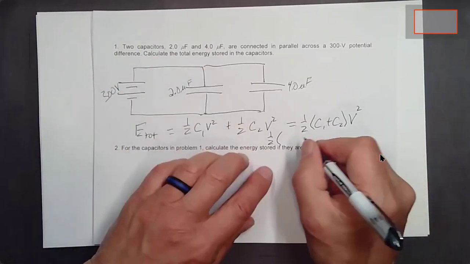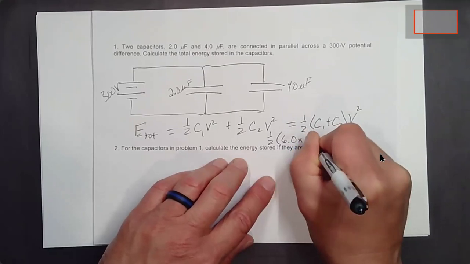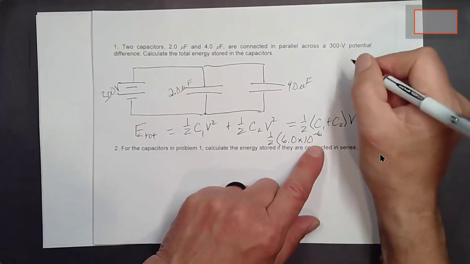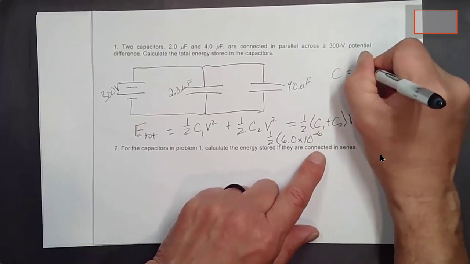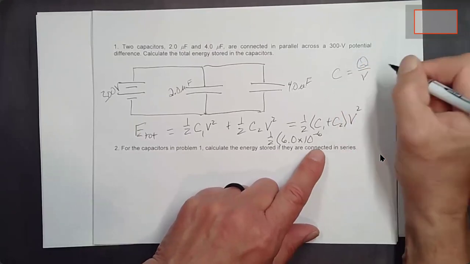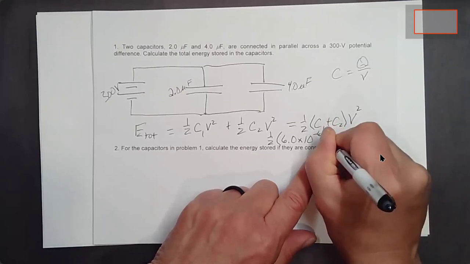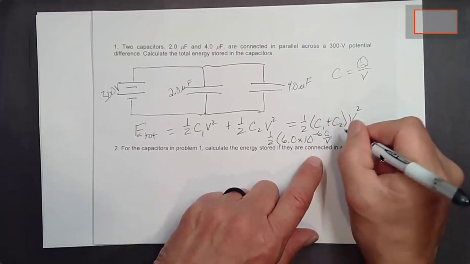1/2 of this will be 6.0 times 10 to the minus 6. It's farads, but remember capacitance is charge over voltage. That would be coulombs per volt. That C stands for coulombs.